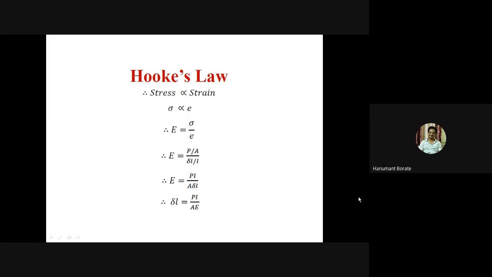Now first we'll see Hooke's law. Stress is directly proportional to strain within the elastic limit. Experimentally, it is found that stress is directly proportional to strain within the elastic limit. Means we can say sigma is directly proportional to small e.